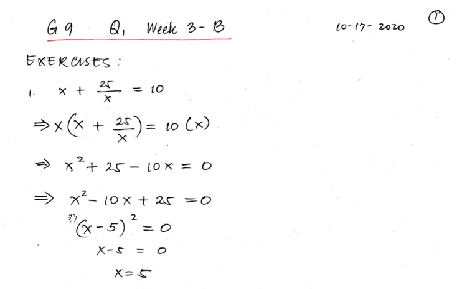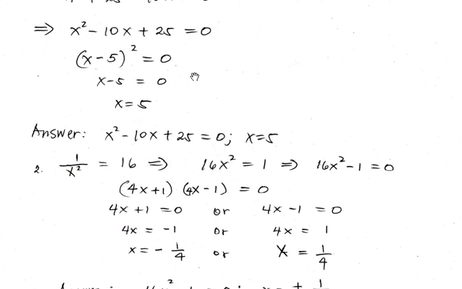In this case, x squared minus 10x plus the constant term 25 equals 0. The left-hand side of this equation is a perfect square trinomial, and we can factor this out as quantity x minus 5 raised to 2 equals 0.